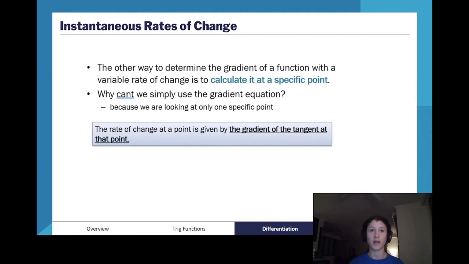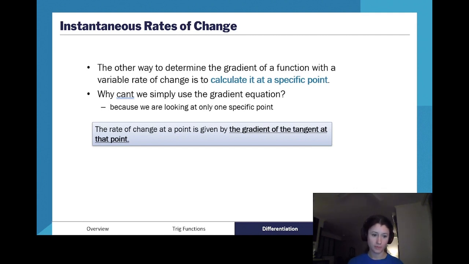Now, looking at the instantaneous rate of change. This calculates the rate of change at a specific point. So, why can't we simply just use the gradient equation, right? The delta y on delta x. That is because we are looking at only one specific point.